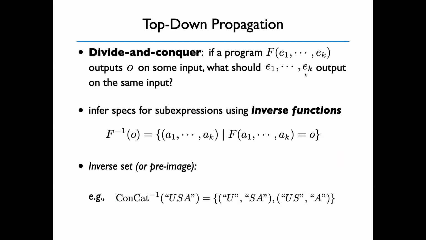Answering this question needs to invert f, which means generating possible inputs of f that lead to the desired output O. For example, given the desired output string USA, the inverse function of concatenation would generate two pairs of possible inputs of concatenation, USA and USA. Let's call such a set of possible inputs an inverse set.